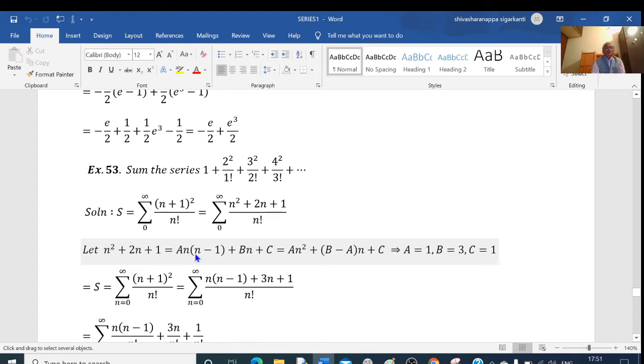Because the power is 2, I will take up to n into n minus 1. If the power is 3, then you have to take a into n into n minus 1 into n minus 2. So the power is 2, so this is sufficient.